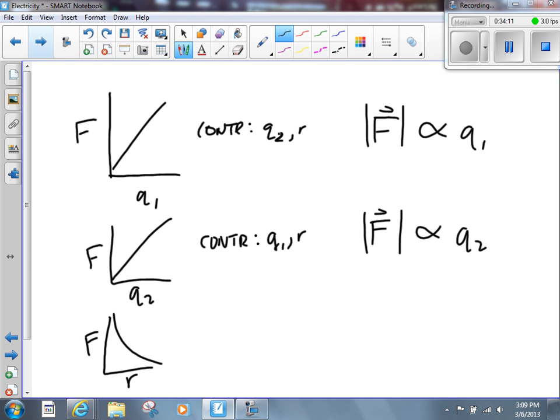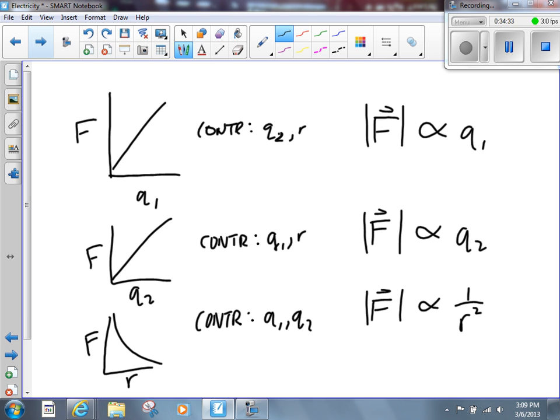My control variables here would be Q1 and Q2. And the relationship that Coulomb would have got from this would have been one that we call an inverse square relationship. As R goes up, F goes down.